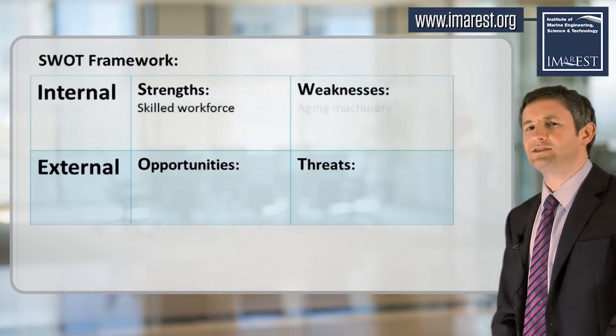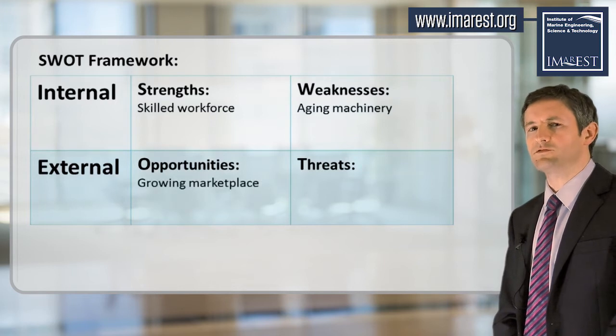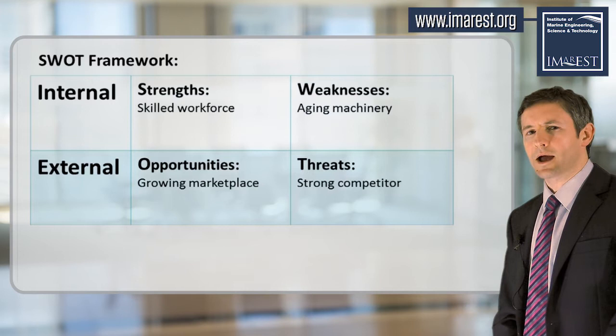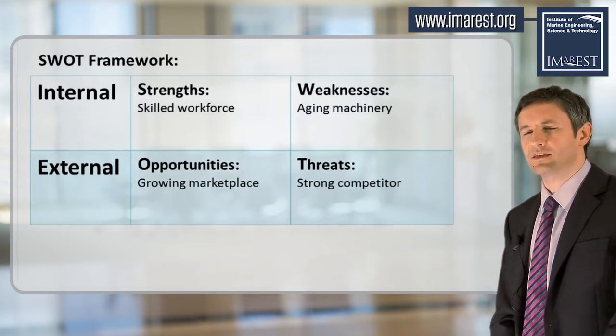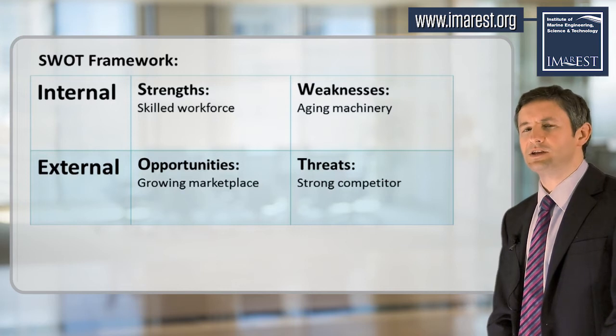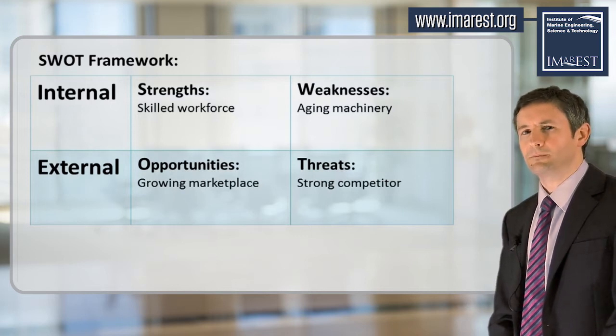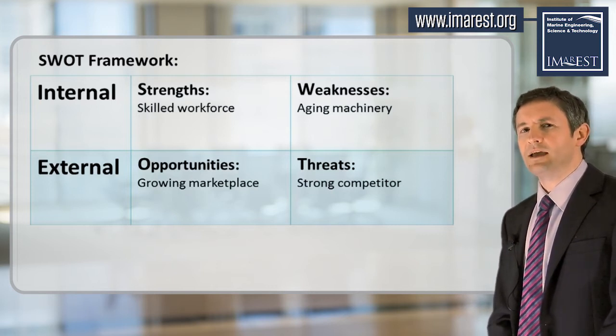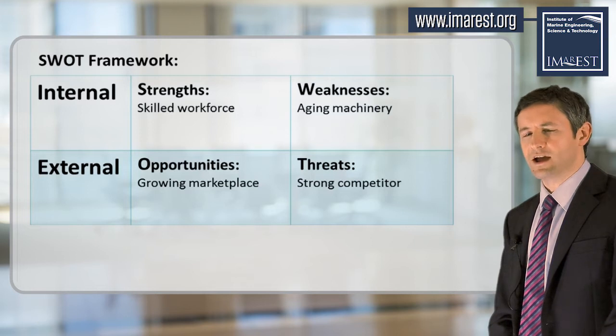So here is a simple example of what a SWOT framework might look like for a given business. So perhaps internally it's got a talented and skilled workforce, a real strength, but maybe aging machinery a potential weakness. Perhaps externally it's in a growing marketplace, a real opportunity, but maybe it's got a strong competitor, a real threat.